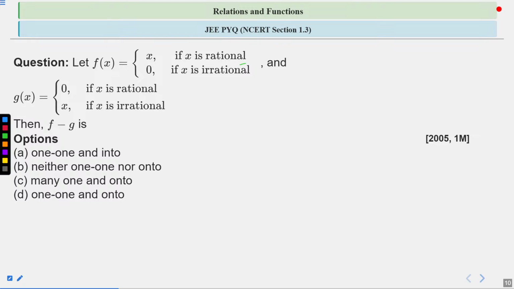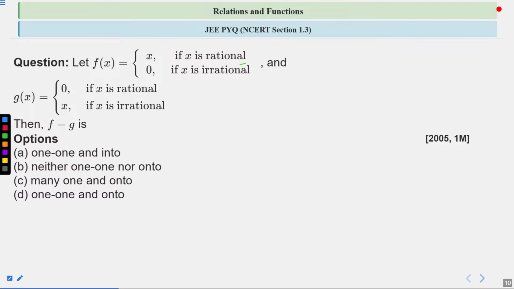Then we have to conclude about f − g. Is it one-one, onto, neither, or both? We have to calculate about f and f − g.